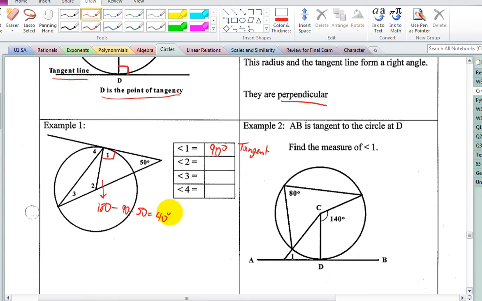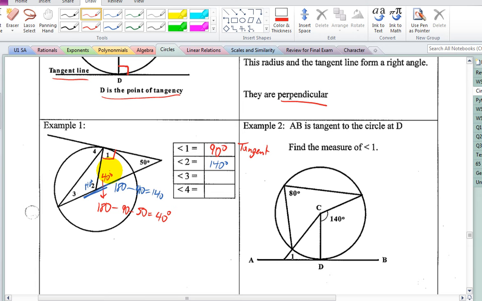Now the reason I found that is because now I can find angle 2. The straight line is 180, and if you minus 40, you'll get angle 2. So it's 140 degrees. So this is 140. This here is 40. What's angle 3?